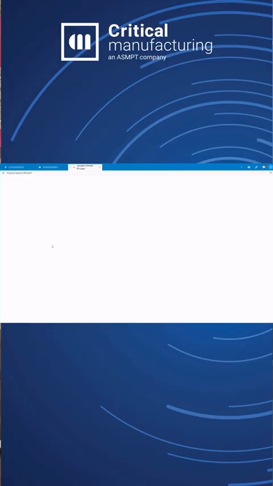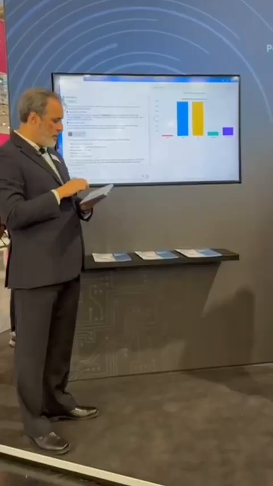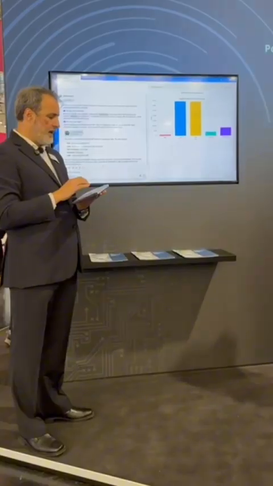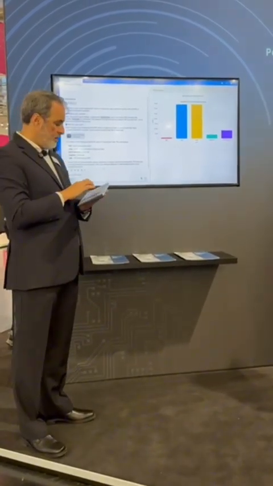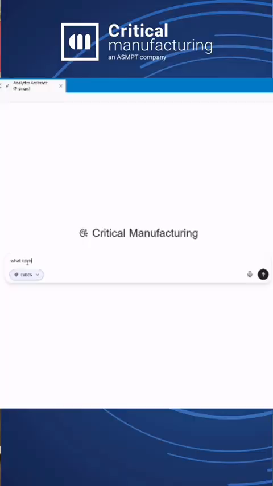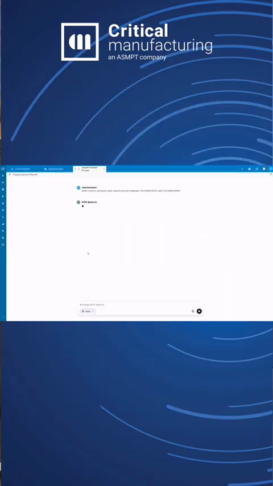Go back there to my assistant and ask it, well, was there any equipment that was used for both of the lots that I got a complaint about, right? So what common resources were used for materials?